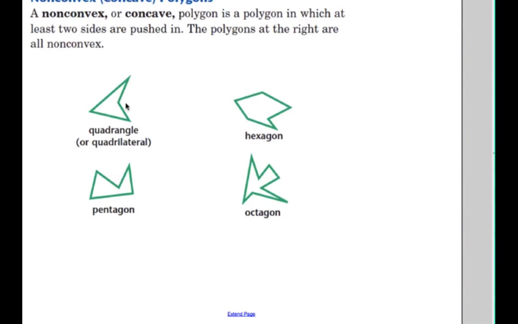You can see how this is kind of pushed in there. Right here, this side is pushed in. Here, this side is pushed in. And on this one, we've got this side and this side and this side all pushed in. And that's what makes it a concave polygon, or non-convex.